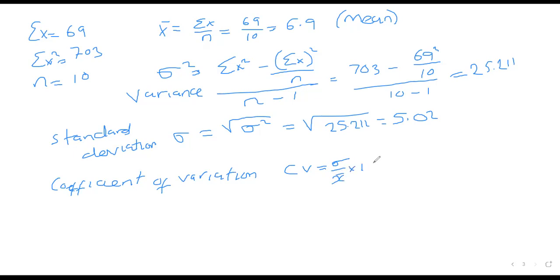So our standard deviation we already calculated just now as 5.02, and our mean is 6.9, times 100. We get a percentage. What are we getting? 72.77%.